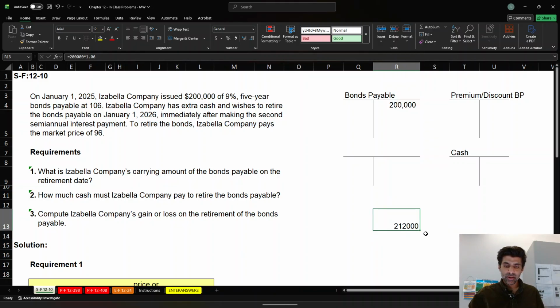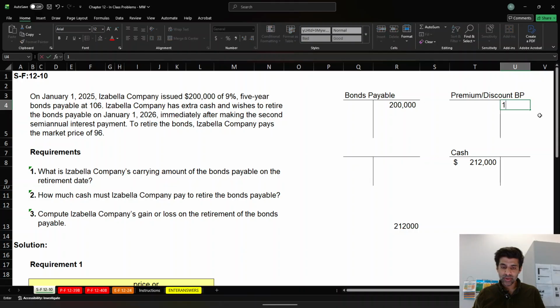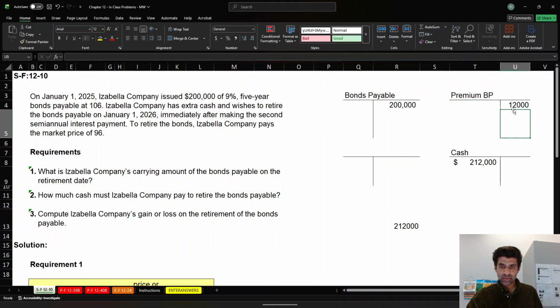That means we would have had cash coming in, 212, as our debit. Credit to 200,000 for bonds payable because that's the face value. And then we would have had this adjunct account at 12,000, which is a premium. I didn't want to tell you, but hopefully you figured that out.